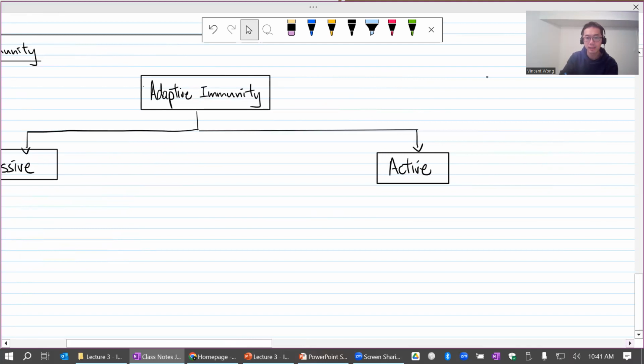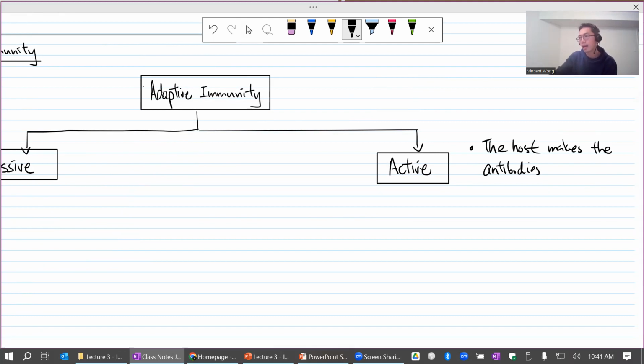Active immunity, the host makes the antibodies. That means you have to go through the whole T cell activation, B cell activation, clonal expansion, all the hard work.